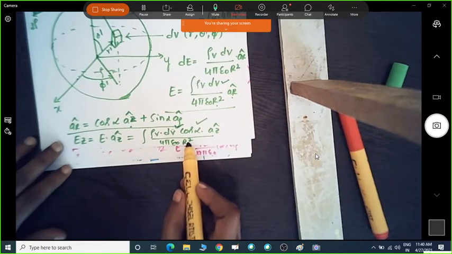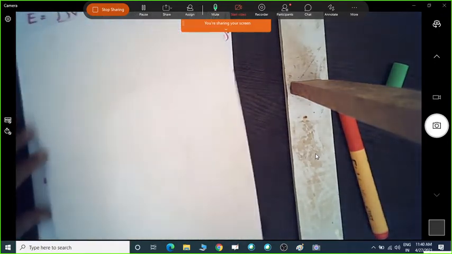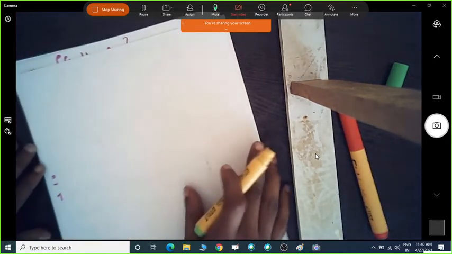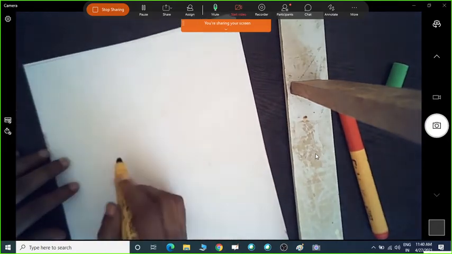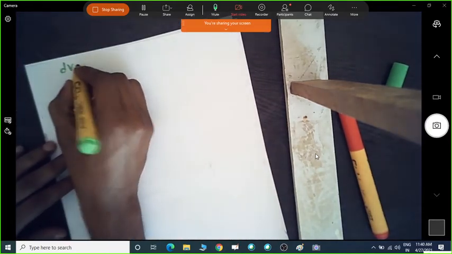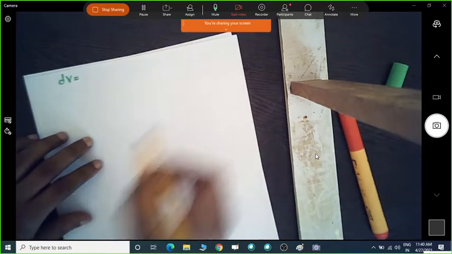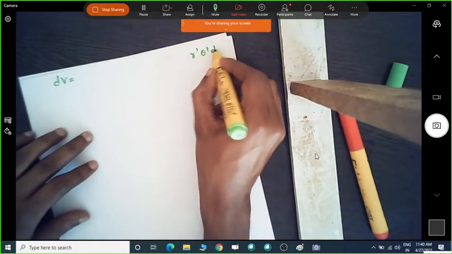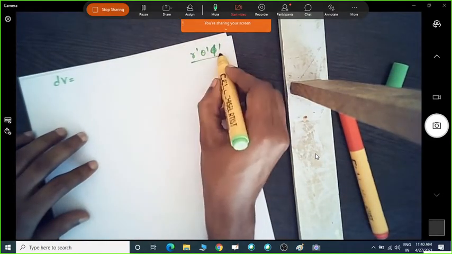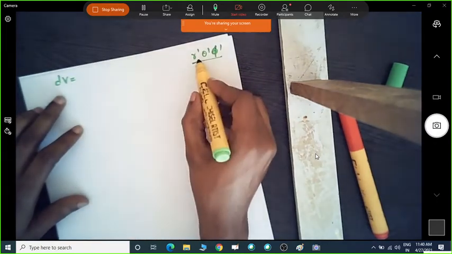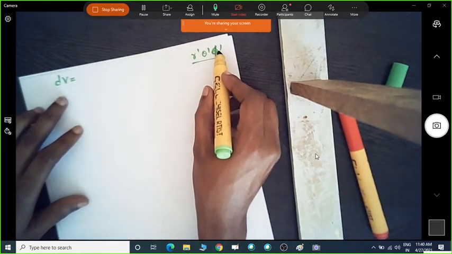So we need to evaluate cos alpha, the elemental volume dv, and r. With respect to the spherical coordinate system, since I have taken r dash, theta dash and phi dash, I am representing the volume element in terms of r dash, theta dash and phi dash.